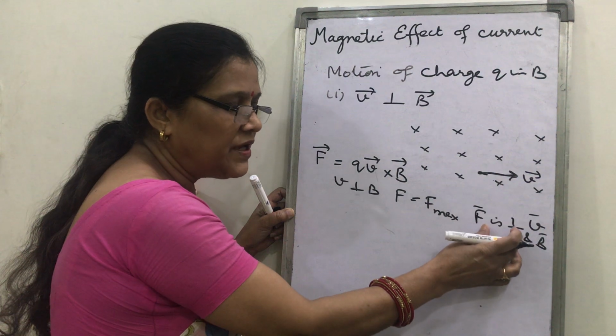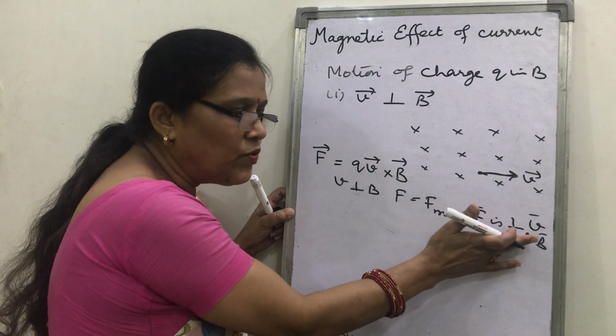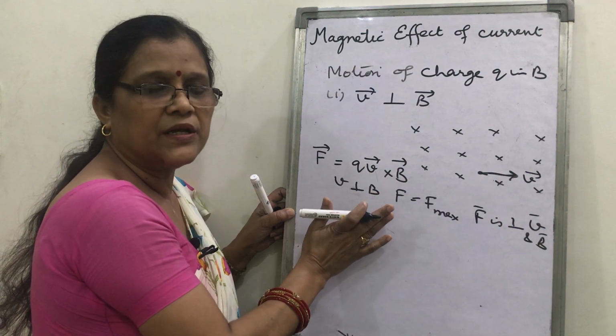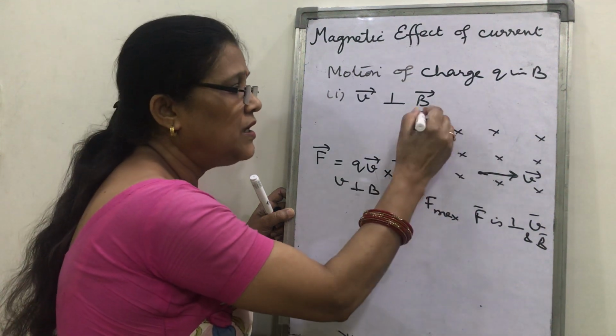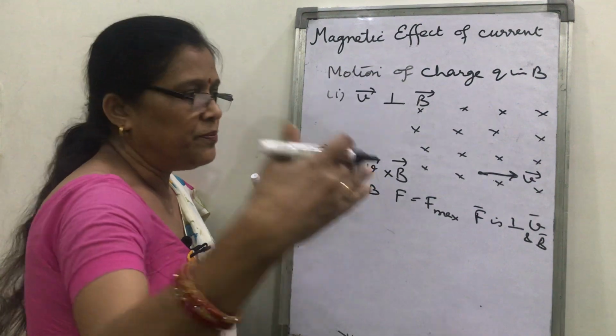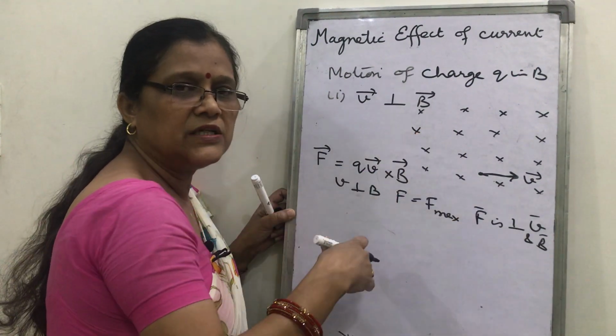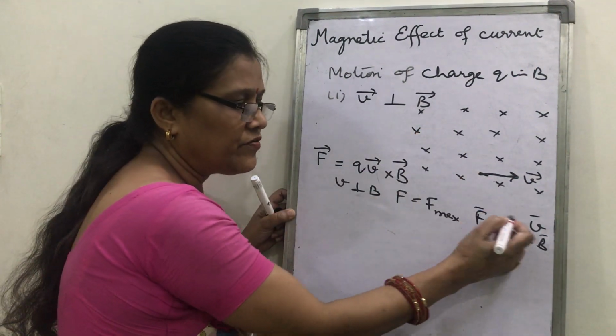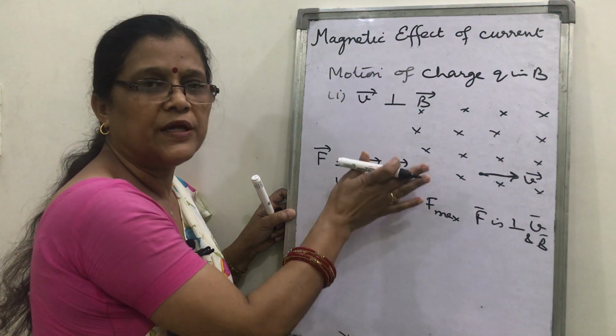Which two quantities will be in the same plane? That is why I have taken B in the perpendicular inward direction. So B is perpendicular inward, then V and F both will be in the same plane.